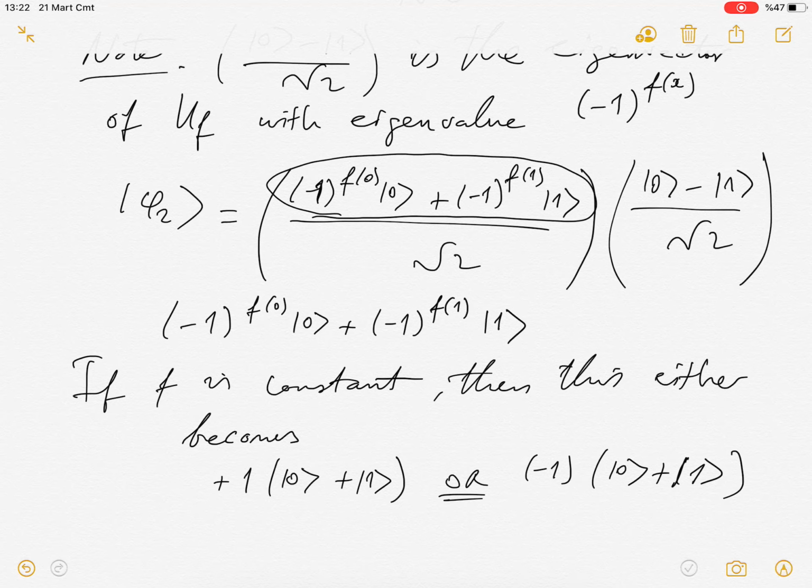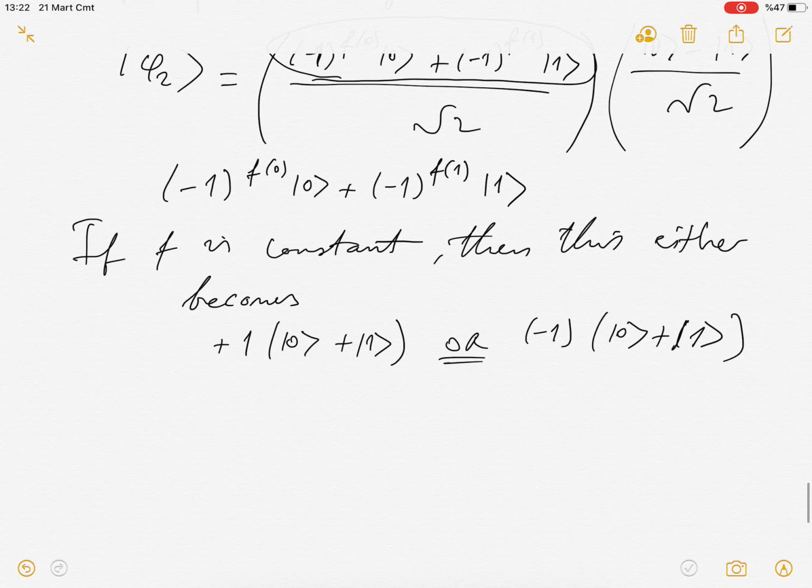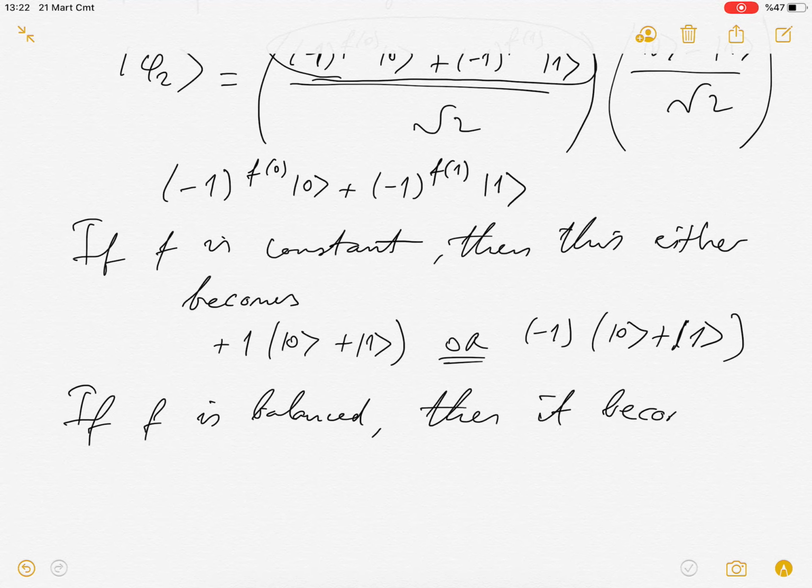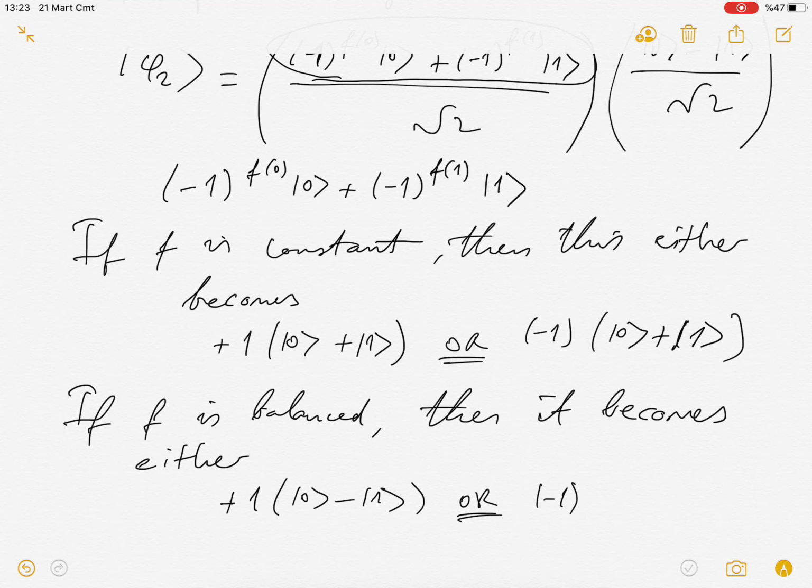So depending on how f is defined, this expression will be equal to one of them. But if f is balanced, well, then it becomes either plus 1 times (ket 0 minus ket 1), or minus 1 times (ket 0 minus ket 1).